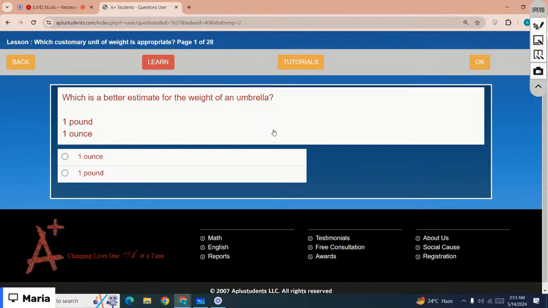That is 1 pound, right? 1 ounce is too little for the umbrella. That would be 1 pound.